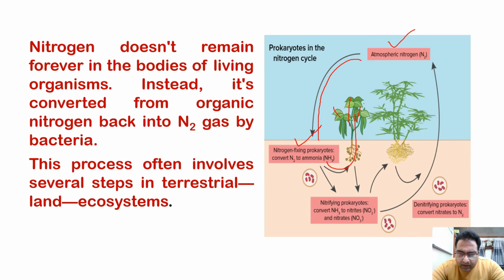Nitrifying prokaryotes convert ammonia to nitrites and nitrates, which can again be taken up by the plants. Denitrifying prokaryotes convert nitrates to nitrogen gas, which is released into the atmosphere again, and the animals get indirectly benefited from the plants when they eat the plants.